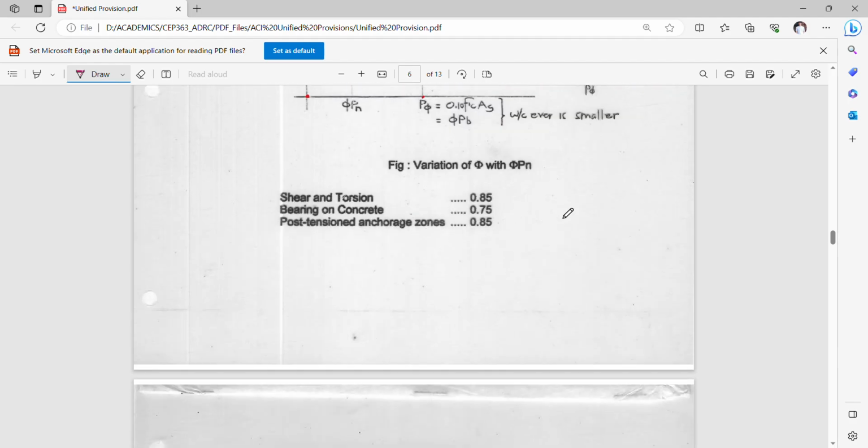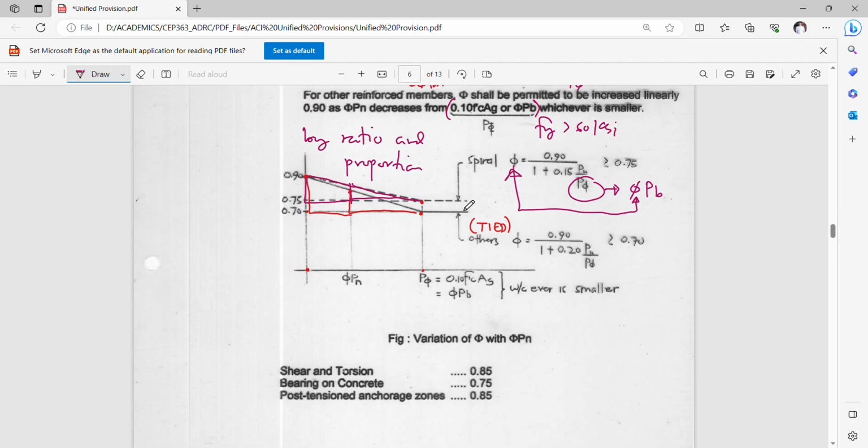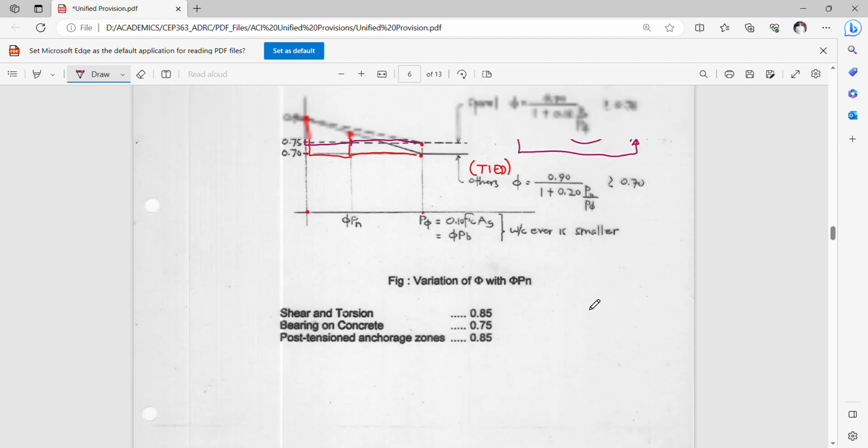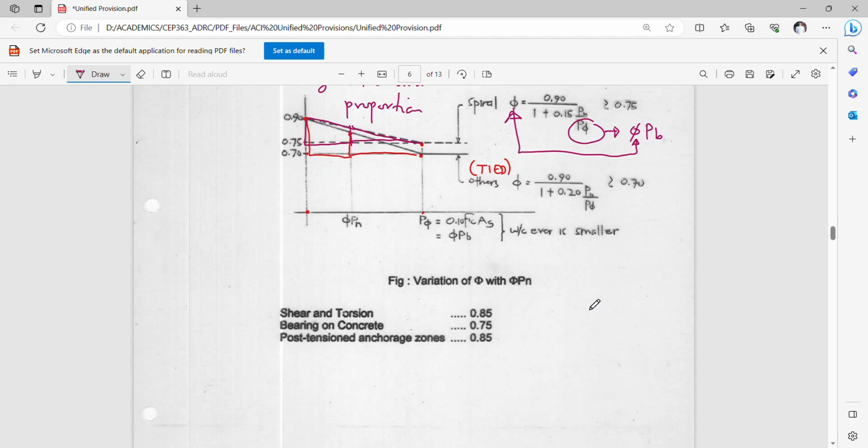So for the variation of phi with phi Pn, this is the basis for the code ACI 1999.